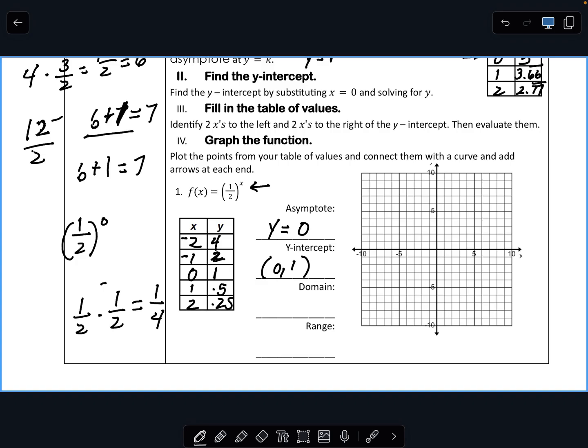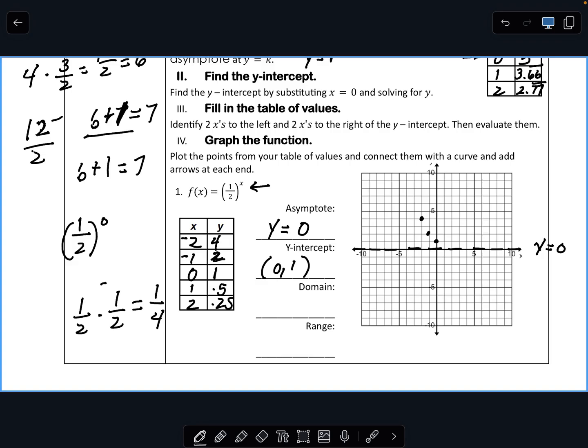So our asymptote is y equals 0. It's a horizontal line, always horizontal. We're not going to do a vertical line for an exponential. Then you can graph your y-intercept right there. -1 would be at 2. -2 would be at 4, right there.